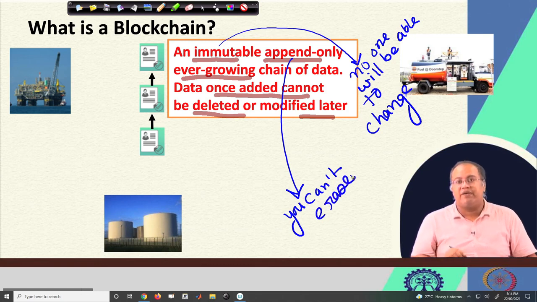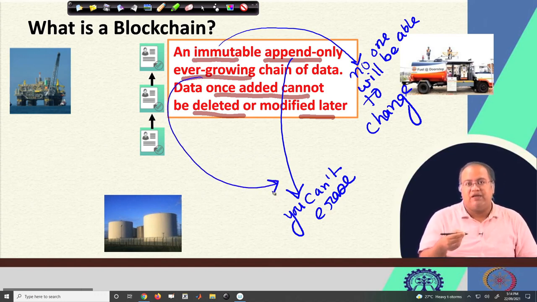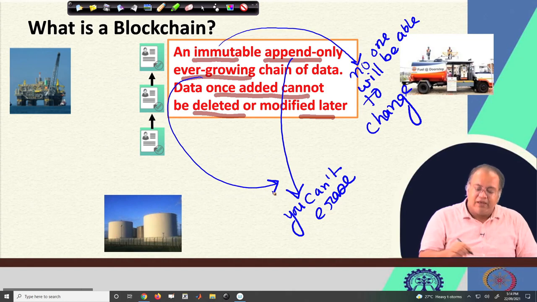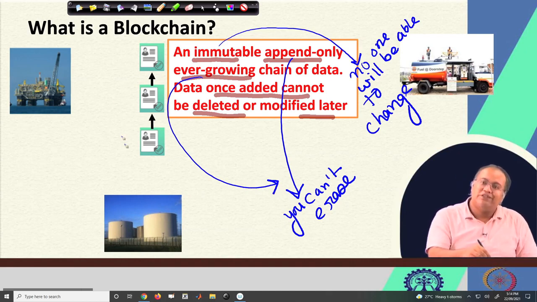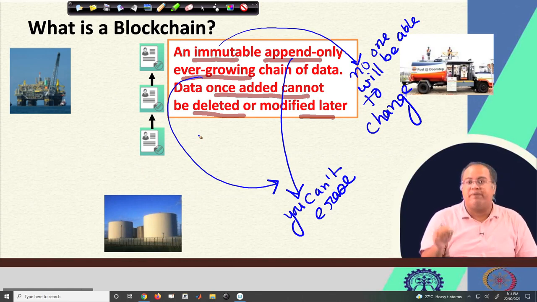Once you have written something, it cannot be deleted any further, and because it is append-only, it is also ever-growing. That means as you add new information, additional blocks as we call them, they will get appended to this blockchain. And finally, data once added cannot be deleted or modified later. These are the properties I am going to support in this data structure, through which I am going to mimic the concept of the blackboard I mentioned earlier.